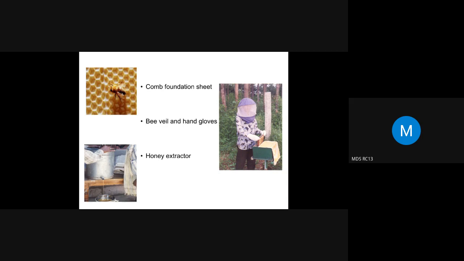If we introduce these comb foundation sheets, it will be easy for honeybees to build the nest, and most of the energy is conserved, which otherwise would have been spent on construction of the comb. So that energy will now be utilized for honey production.